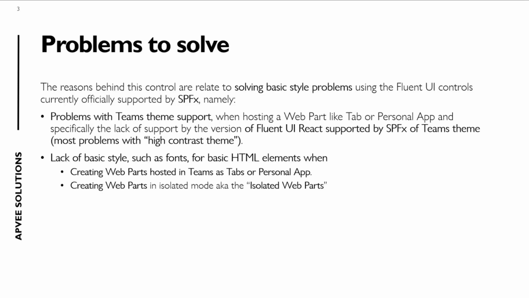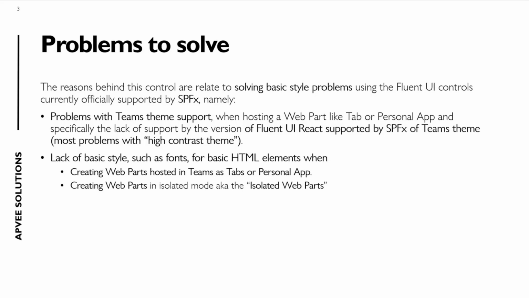So this control wants to solve some problems related to styling when you use the Fluent UI control or basic HTML inside a web part, and you deploy this web part inside Teams or as an isolated web part. There are some problems.